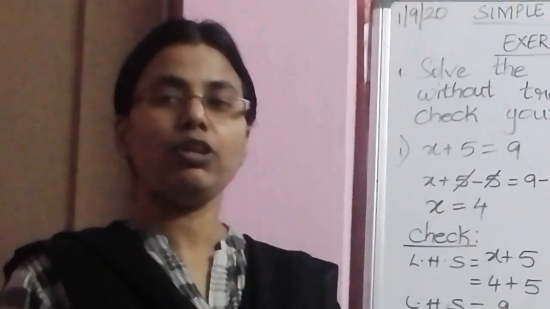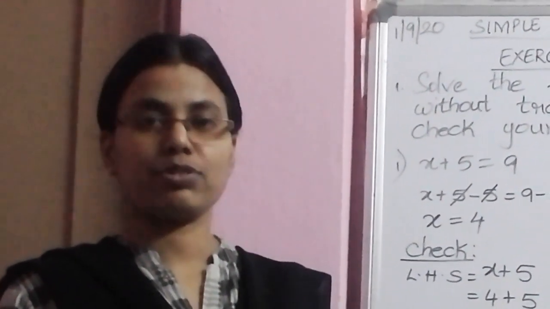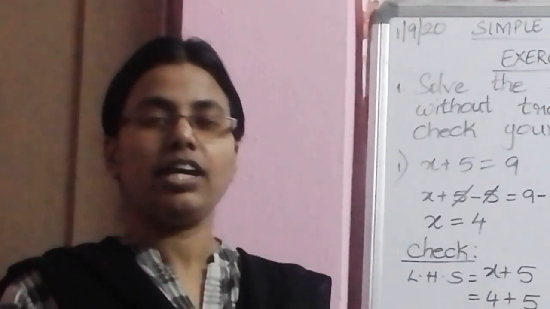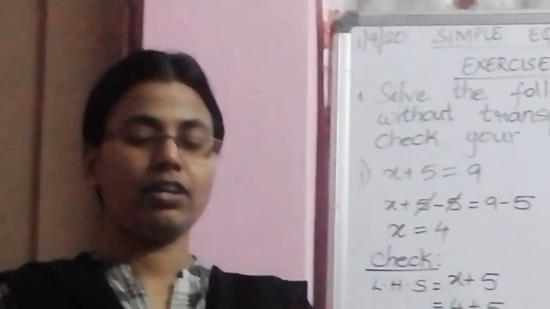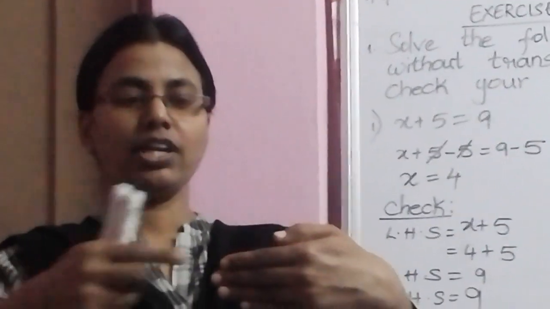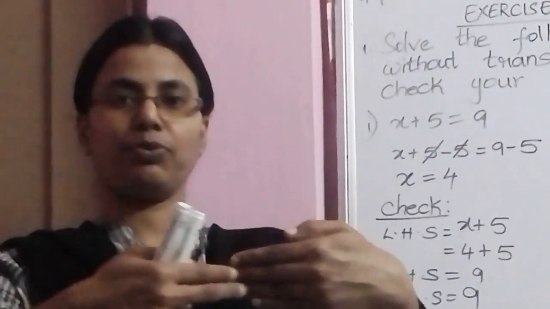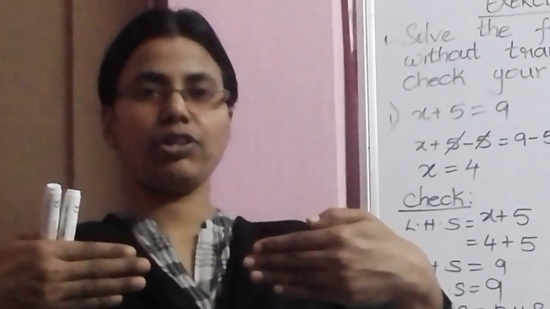But if at all you come to school, you know that in the classroom there are 4 rows. Beside your bench, straight beside your row, there is a row. If somebody is sitting beside you and you want to sit alone, what will you do?